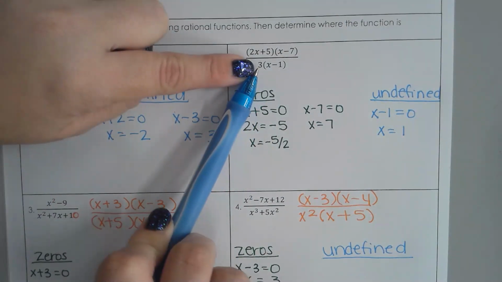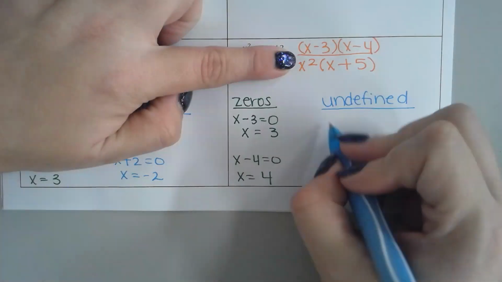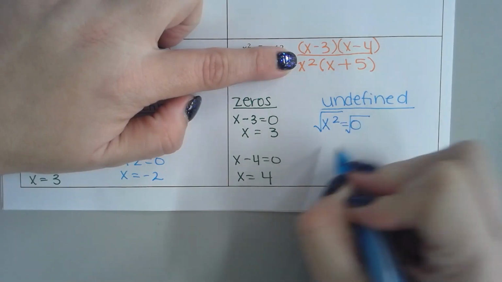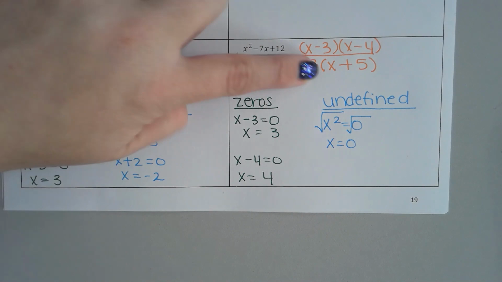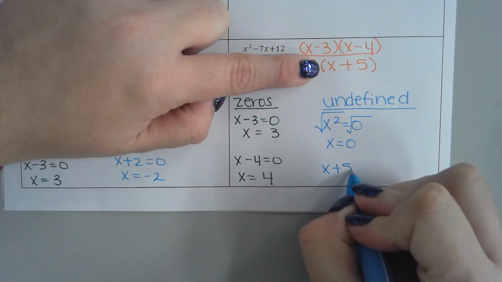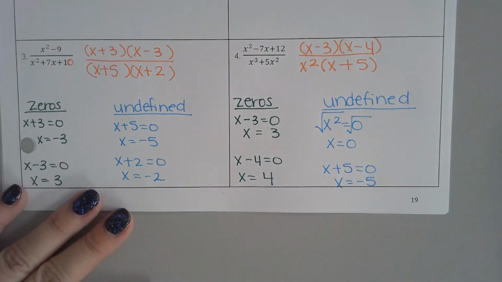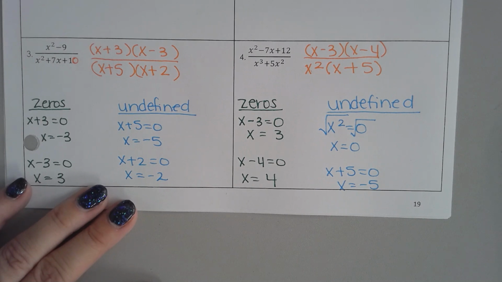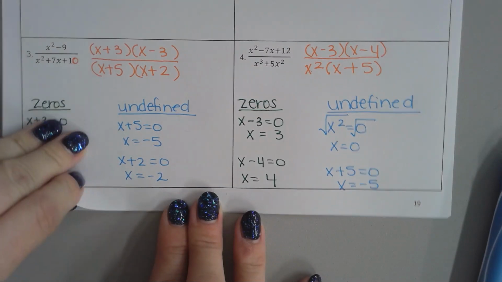This one just had a number in the front. This one actually has an x. So you would take the square root of both sides to get x equals 0. And then x plus 5 equals 0 gives us x equals negative 5. Any questions?